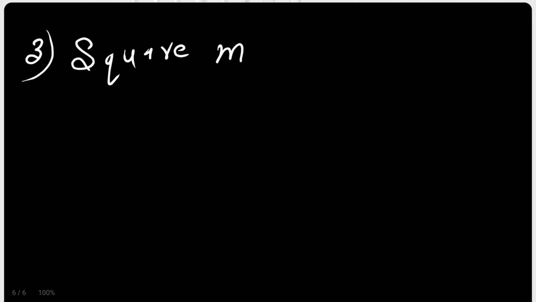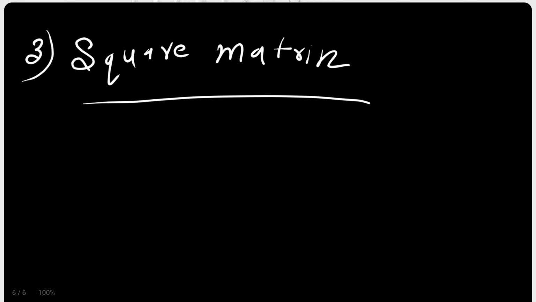After that, I will tell you our third part, that is the square matrix. This is very important, because we are going to learn this one only, the square matrix.